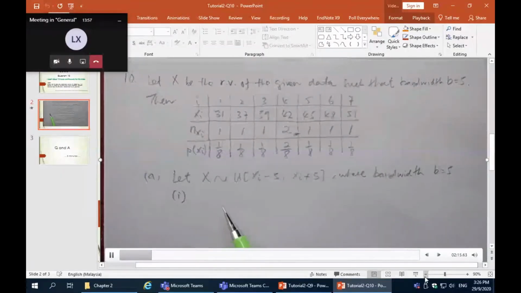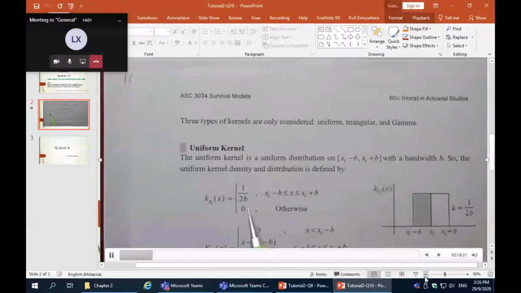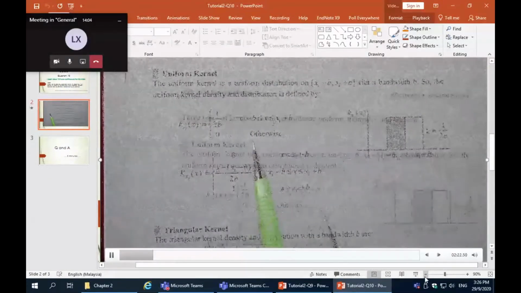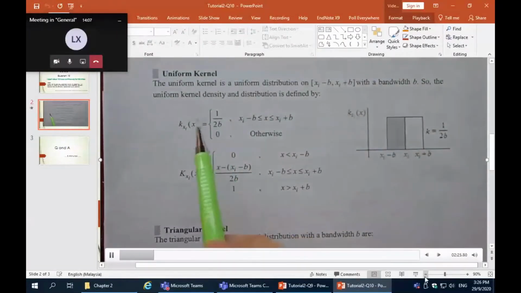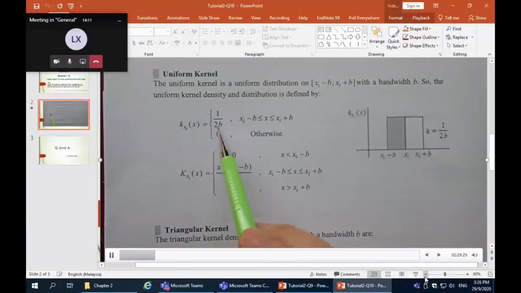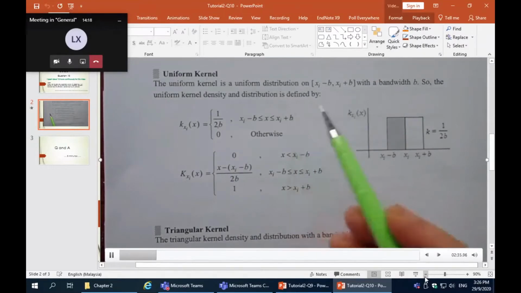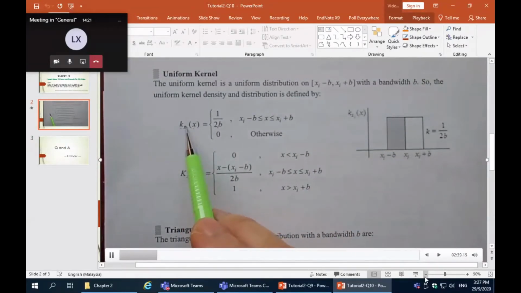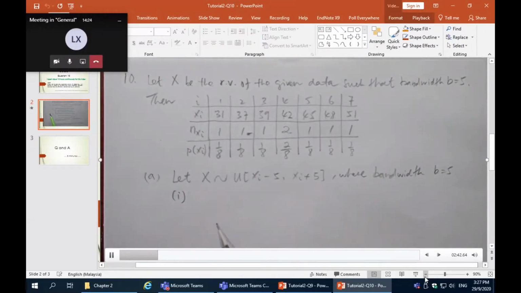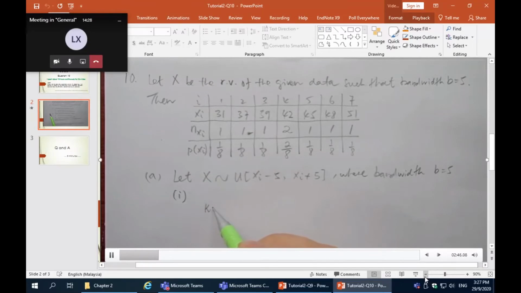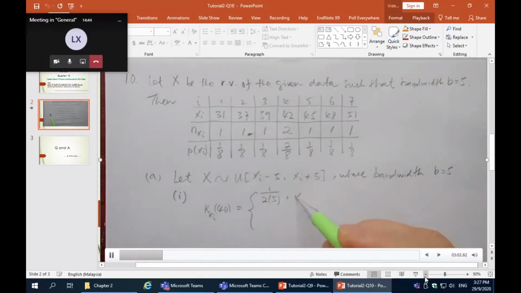Part 1. Then the kernel density at 40 is given by these piecewise functions. For the kernel density at 40, we have to substitute x is 40 and b is 5 inside this and also the interval, so that we can get the k value at 40 based on all the data xi. So we will have this kernel density at 40 based on xi, which is equal to 1 over 2 times b, where our b is 5, for this interval.